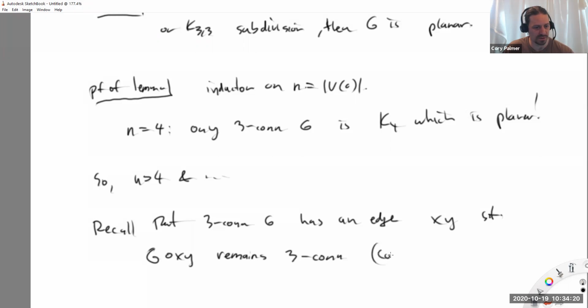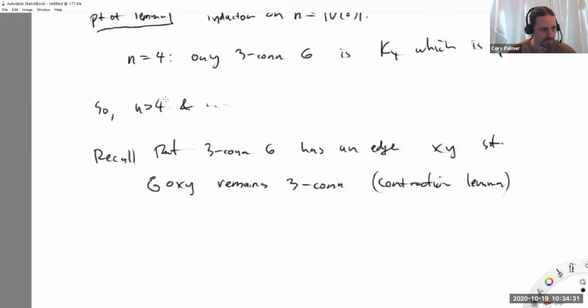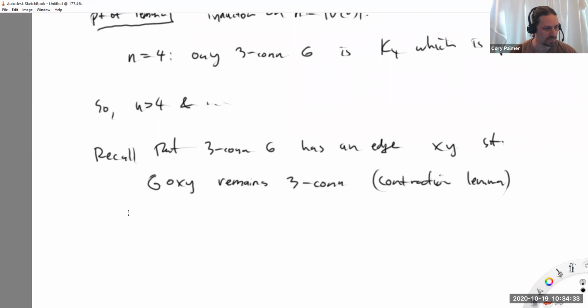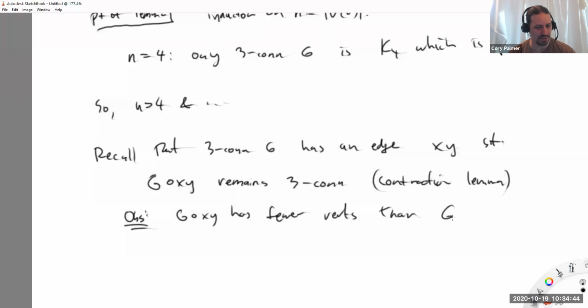Okay, this was the contraction lemma, I think we called it, in the chapter when we talked about 3 connectivity. Okay, so observe that G contract xy has fewer vertices than G, 1 less vertex.